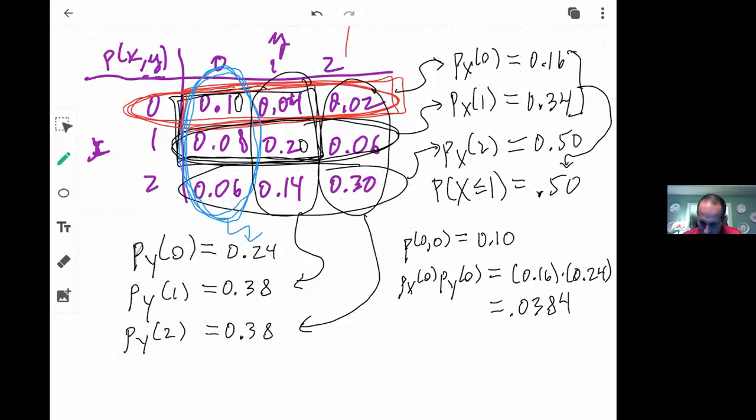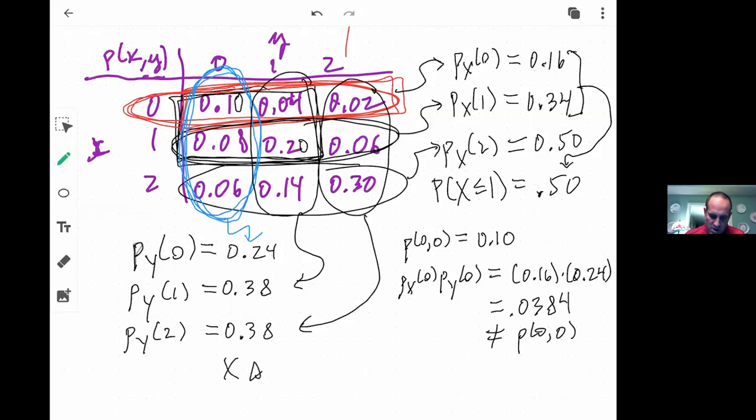0.0384. By the way, which is not equal to p of 0, 0. Okay, and the minute that we find one case where the joint distribution function, the joint PMF, is not equal to the product of the marginals, that's it. They are not independent.